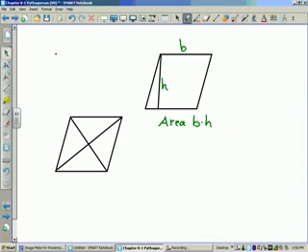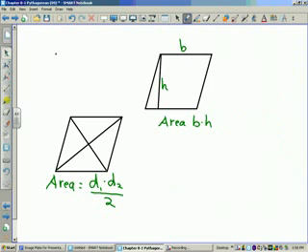If you get some information about the diagonals, we remember they bisect each other. And so the formula when given diagonals is diagonal 1 times diagonal 2 divided in half. The way we get this is here's our base and here's our height.